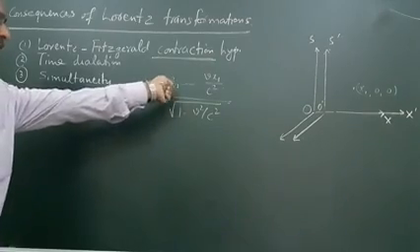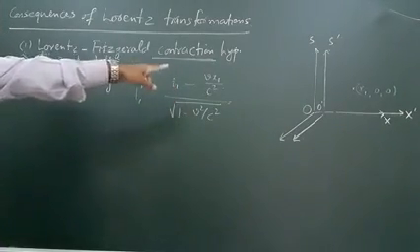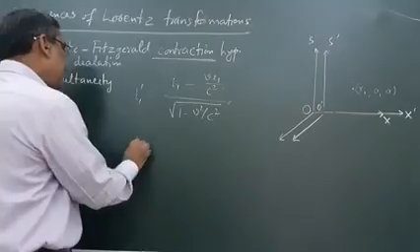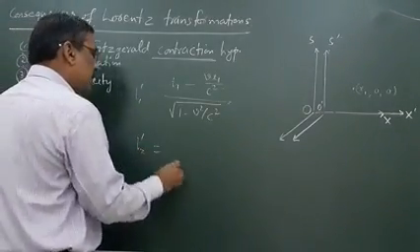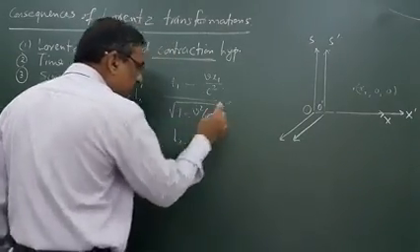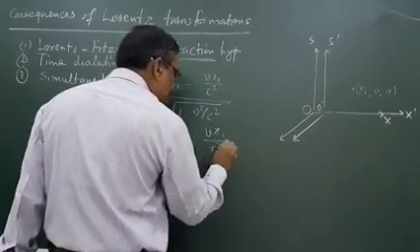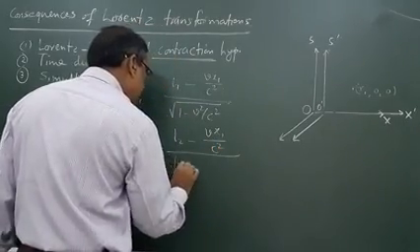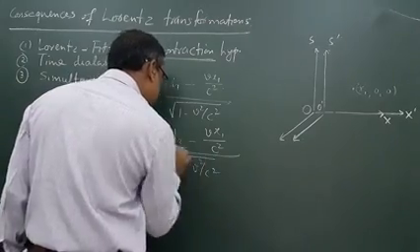T1 dash is equal to T1 minus Vx1 upon C square, upon under root 1 minus V square upon C square, and T2 dash will be equal to T2 minus Vx at the same point, upon under root 1 minus V square upon C square.